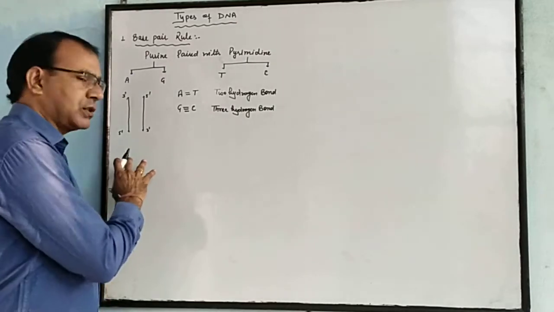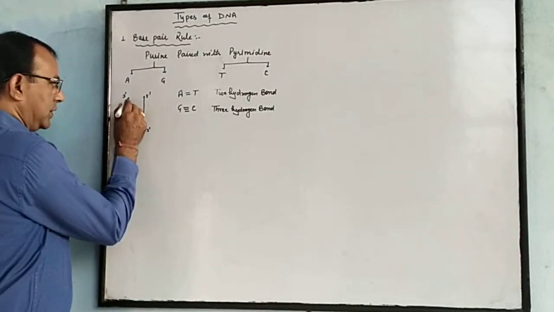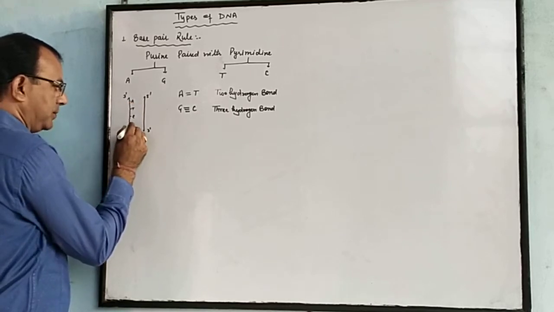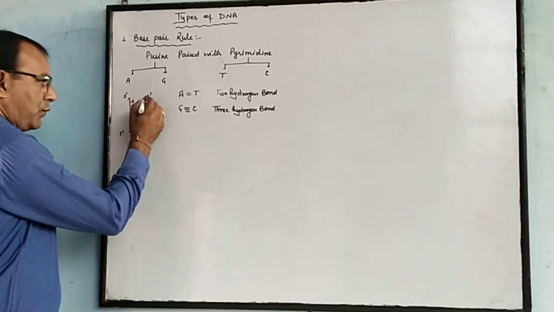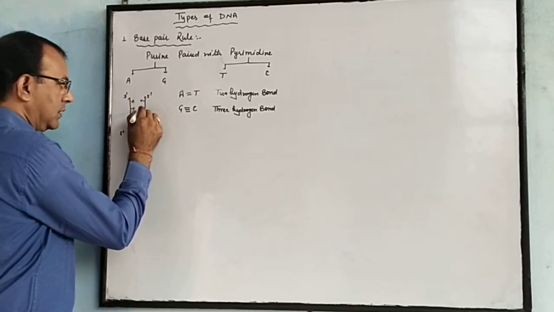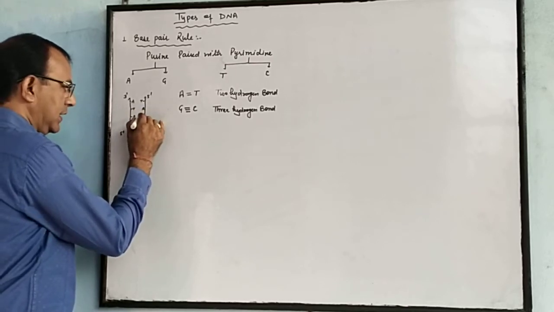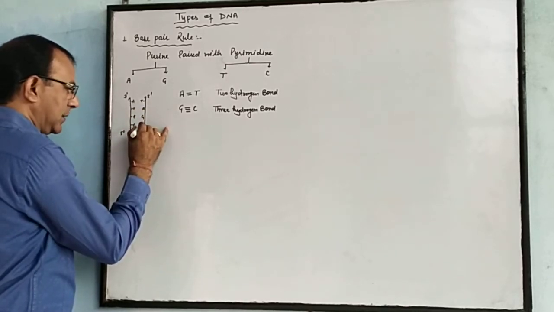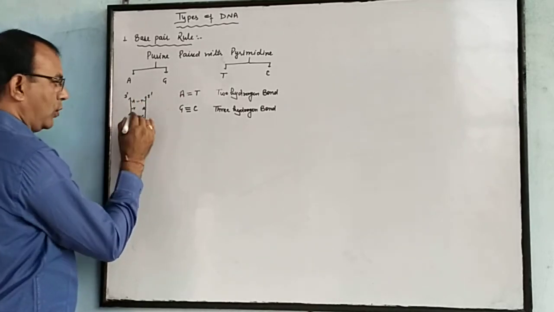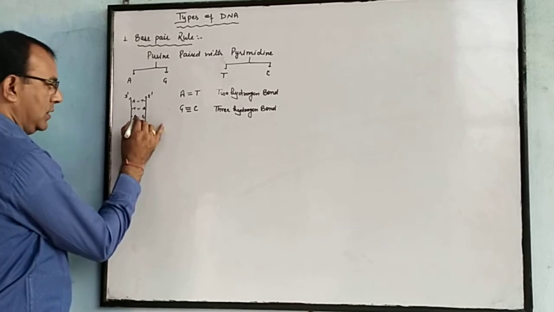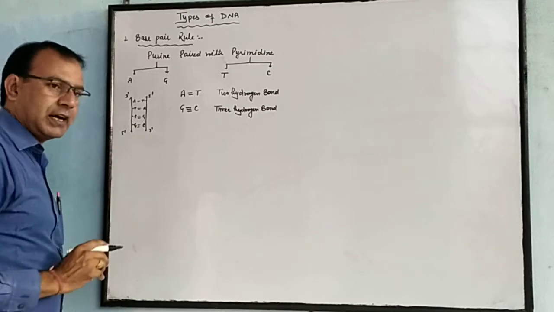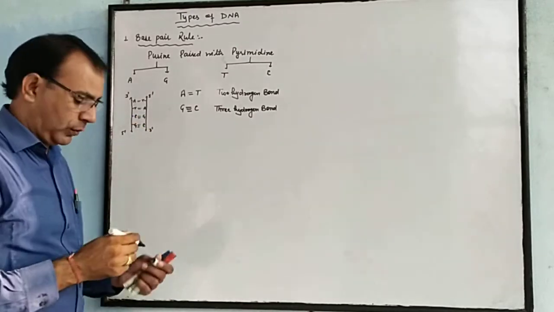If this one contains A, T, C, G, then in the 5' to 3' direction, A is bonded with thymine, T with adenine, C with G and G with C. Adenine with thymine has two hydrogen bonds, thymine with adenine two hydrogen bonds, guanine with cytosine three hydrogen bonds, and guanine with cytosine again three hydrogen bonds. This is the base pair rule.